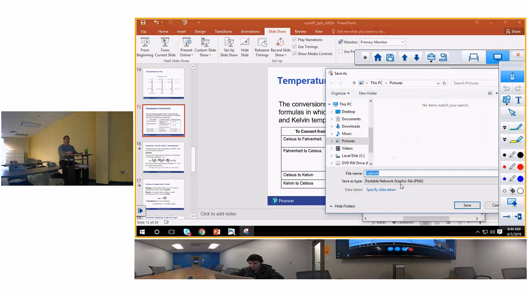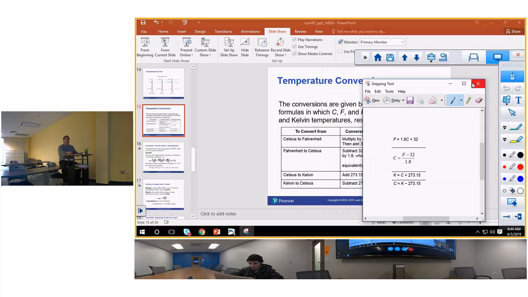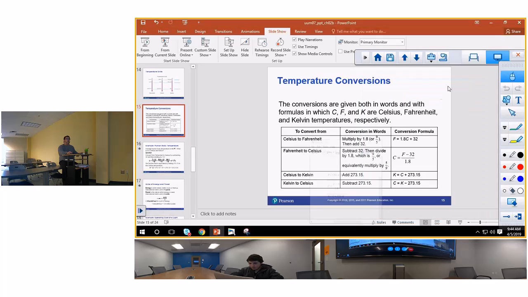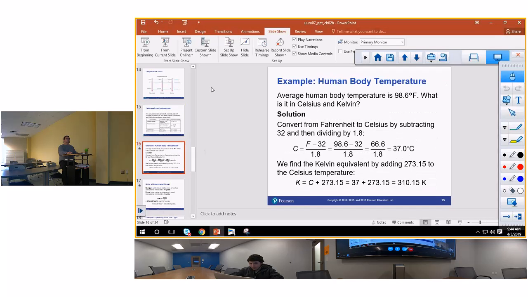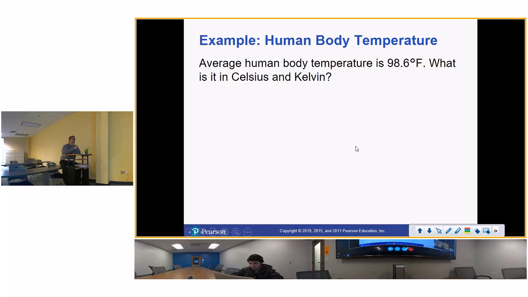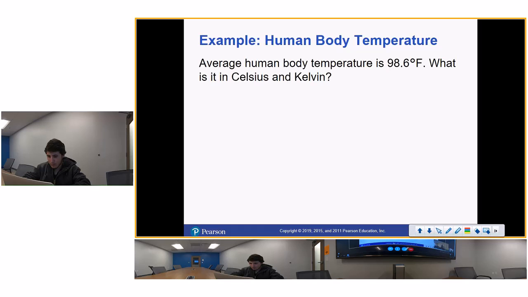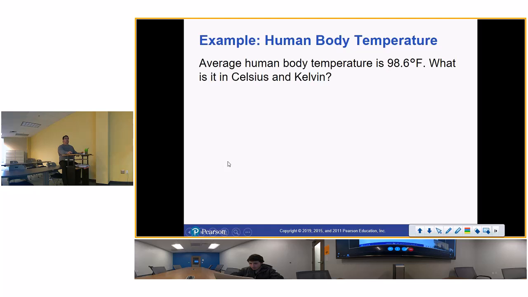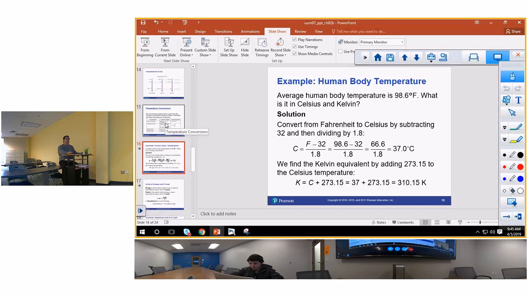Save, capture. All right, so the next question says, average human body temperature is 98.6. What is it in Celsius and Kelvin? I'm going to snip that out and put it on the whiteboard. So go ahead and write it down while I snip it out.